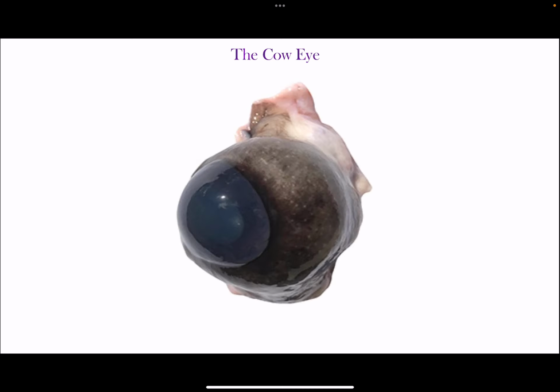So from the cow eye, this is the anterior, posterior portion. From here to go down, you're going to see that. You can see the iris, the colored part, the pupil, this here.